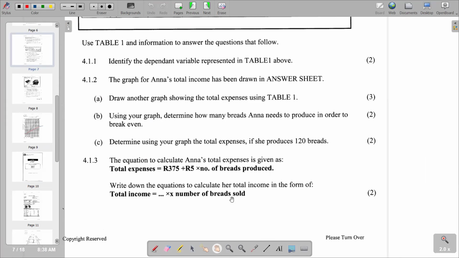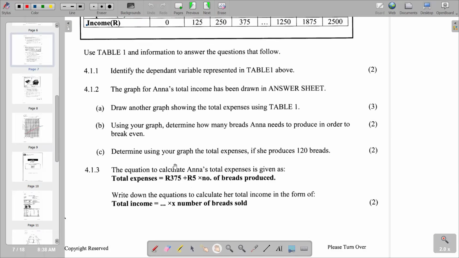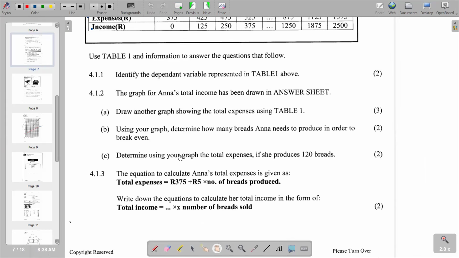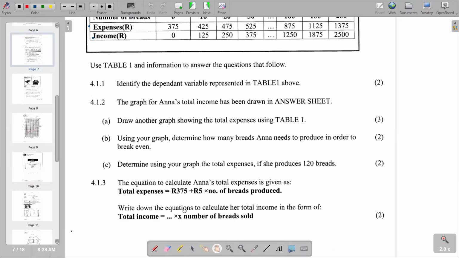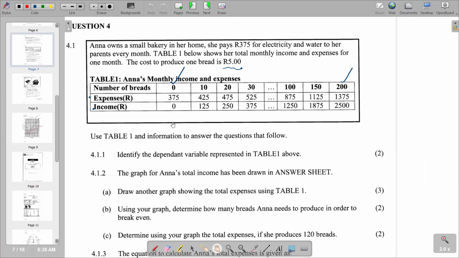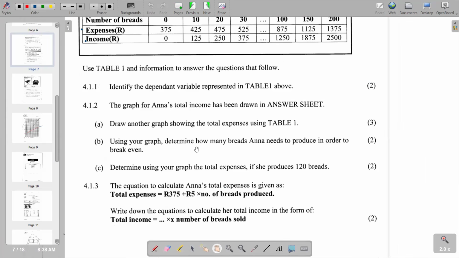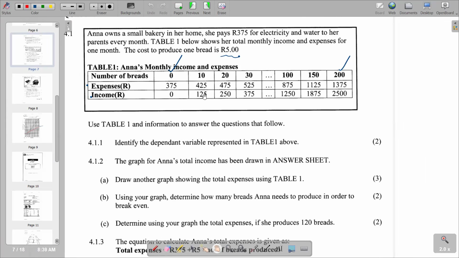So we also try to look for that constant. If we want to see the average income per braid, for one braid, we say 10 into 125, obviously.